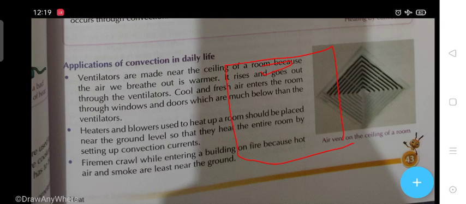When you breathe out, the warm air, which is lighter, rises upward and escapes through the ventilators outside, and the fresh air comes into the room by the doors and the windows. The fresh air, which is cool, contains the fragrance which will come into that room. So this method is also called convection.